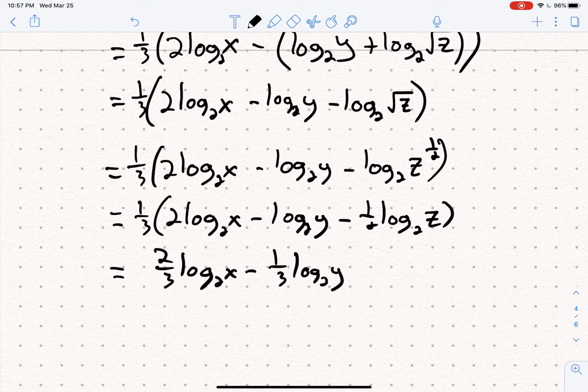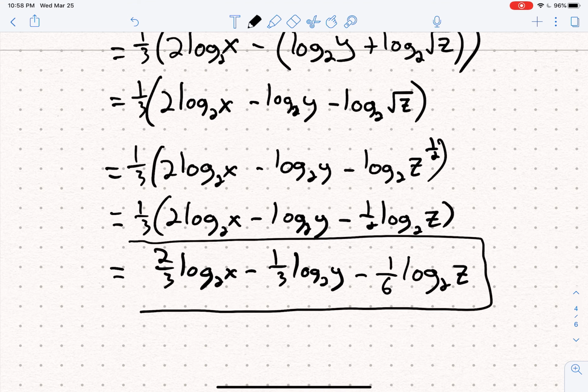And then 1/3 times 1/2. When we multiply those, we multiply the numerators together, 1 times 1, and that's 1. And the denominators together, 3 times 2, that's 6. So this is minus 1/6 log in base 2 of z. And there you have it. This is the final answer for part C.